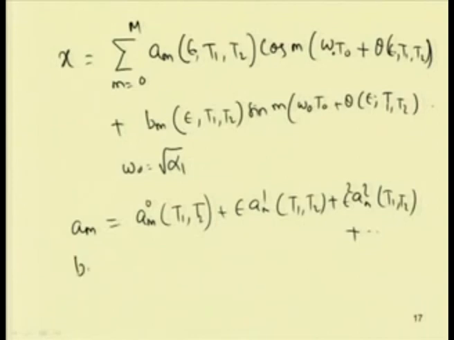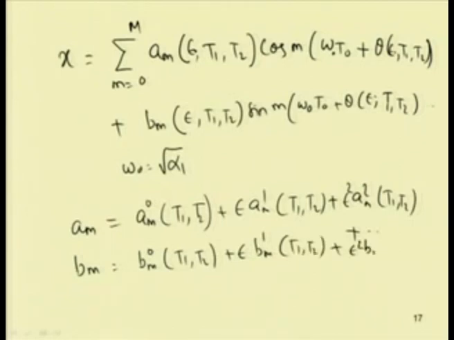Similarly, this BM can be written as BM 0 T1 T2 plus epsilon BM 1 T1 T2 plus epsilon square BM 2 T1 T2 plus the higher order terms.